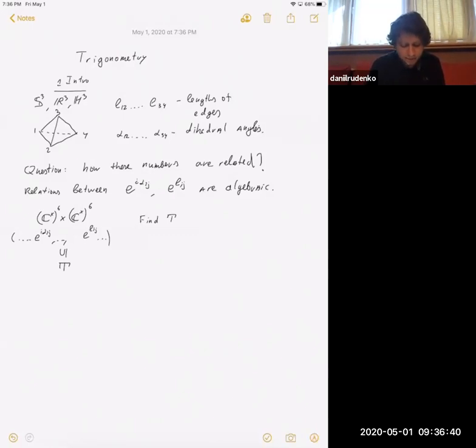To make it a little bit more interesting, let me immediately say that T has an interesting property. It is Lagrangian with respect to a natural symplectic structure here.